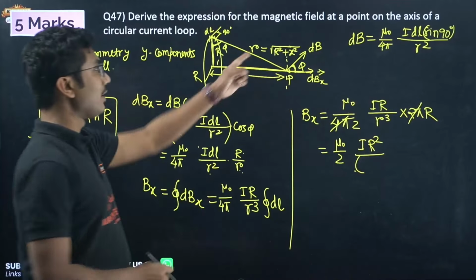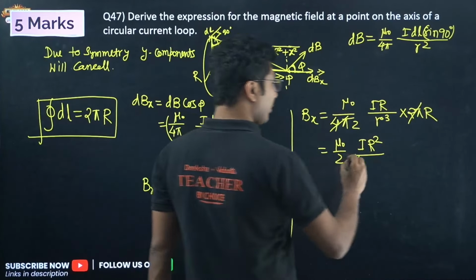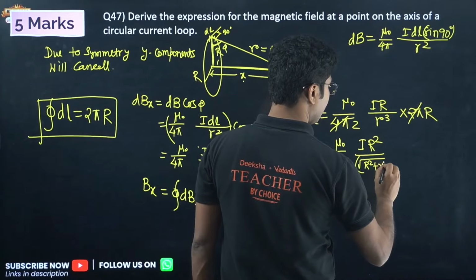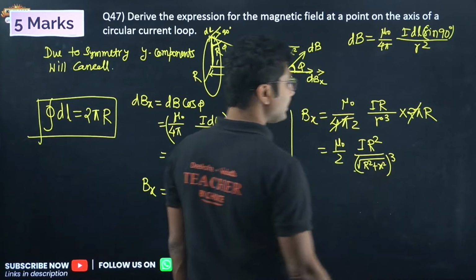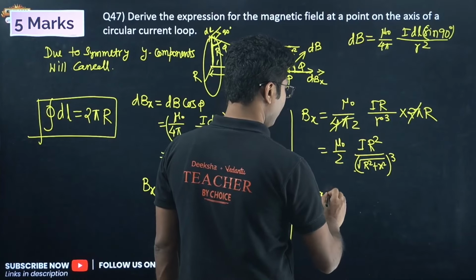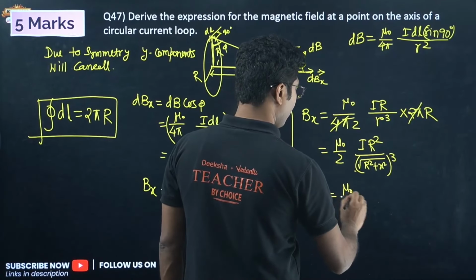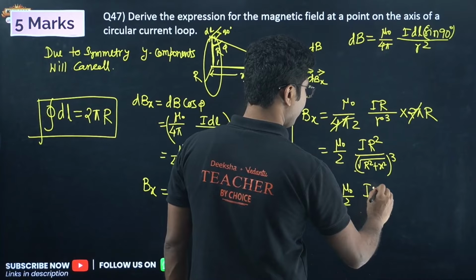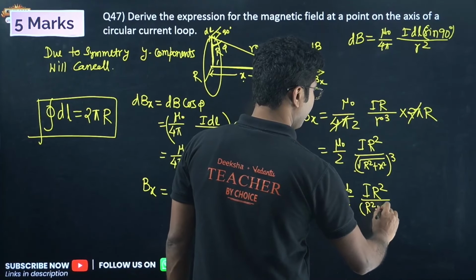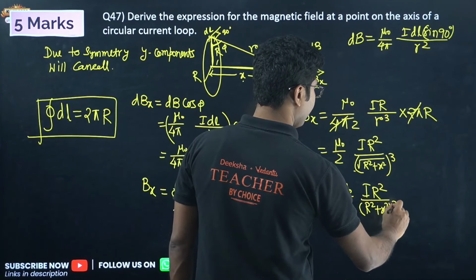Now for r, we put the value square root of r square plus x square, to the power of cube. So we can write this as Bx equals mu naught by 2 I r square by (r square plus x square) to the power 3 by 2.